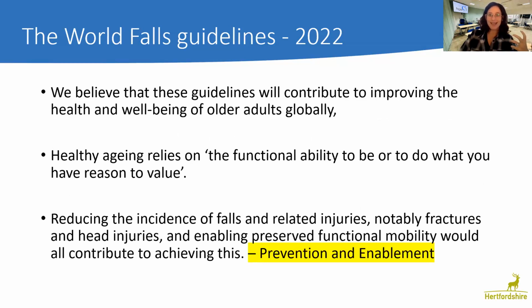That links into what that person wants to achieve, their values, their beliefs, their goals, and again that's linking back into person-centered care. And that functional ability, having those skills or regaining those skills to do the things that they enjoy, is what we should really focus on throughout falls. Sometimes it doesn't get looked at. So I was so happy when I first read these guidelines, because it is everything that we at HCPA are trying to promote across all care topics, not just falls, but everything. There's that link to prevention, isn't there?